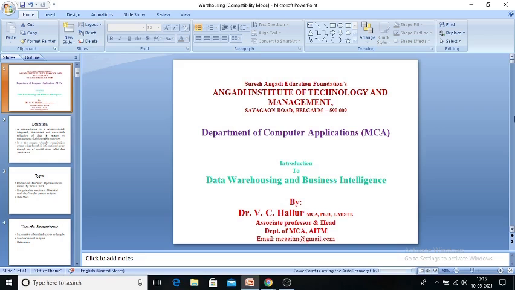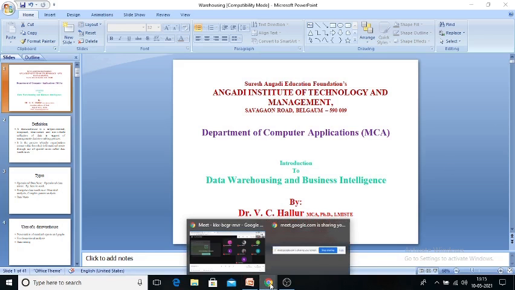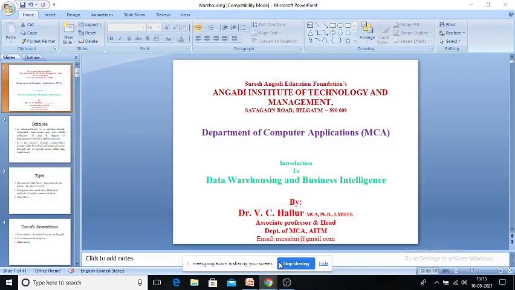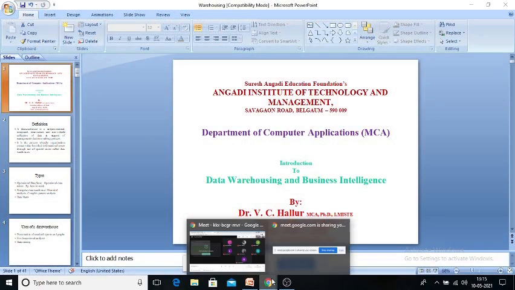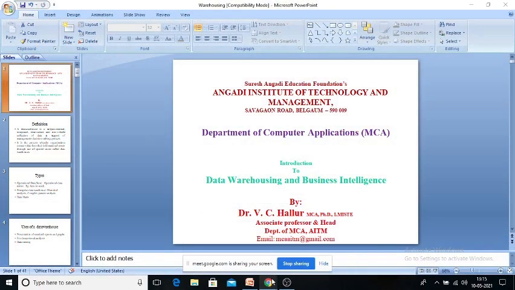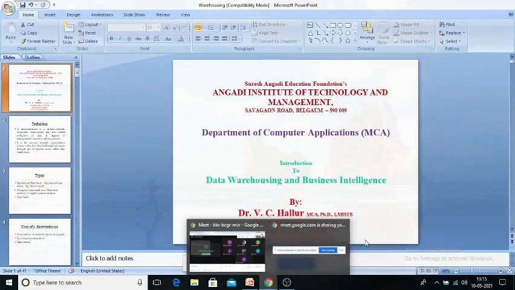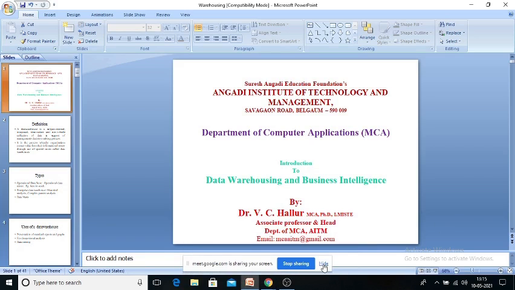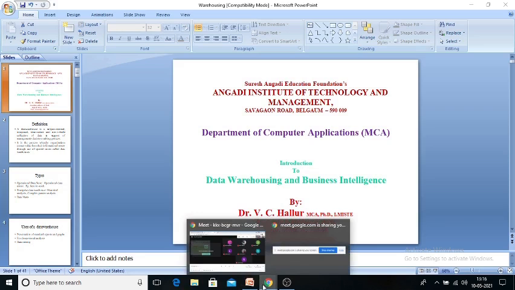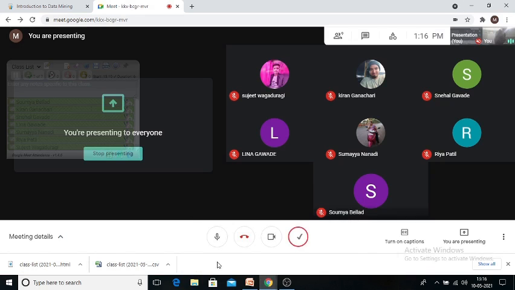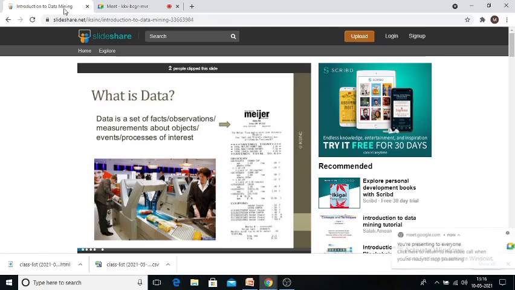So today, we will just have a brief idea regarding data warehousing and data mining. Already we have studied the subject called data structure, and we are studying database management system now in the same semester.